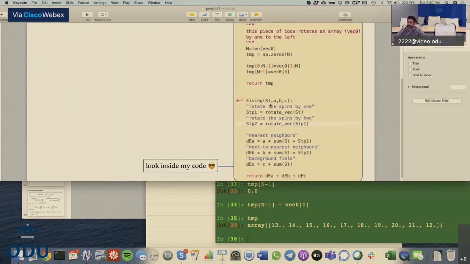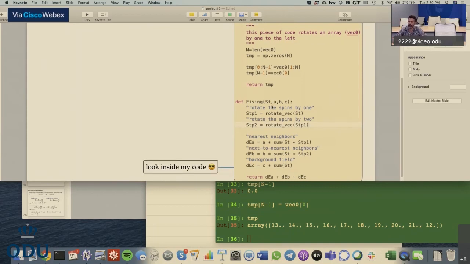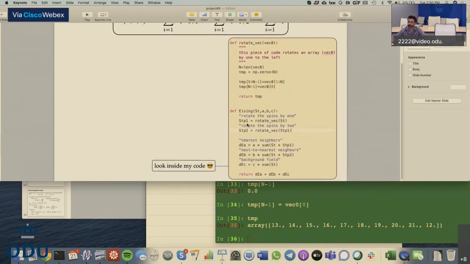First, this grabs a set of spin configurations. So I've generated some spin configurations, okay? And that's what this ST is. ST is just an input, which is an array of spins. And it's just ones or negative ones. That's all it is. And so the first thing that I defined is that I grab the spins and I rotate them over by 1 by calling the function above, the rotate underscore vec function.